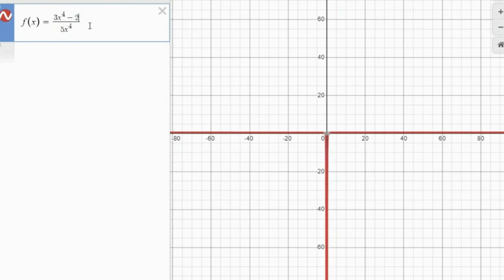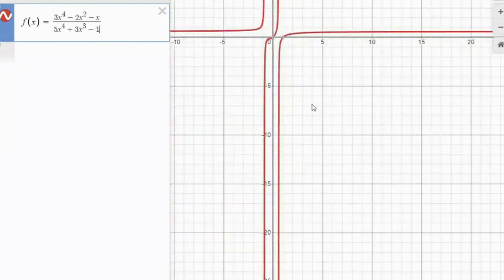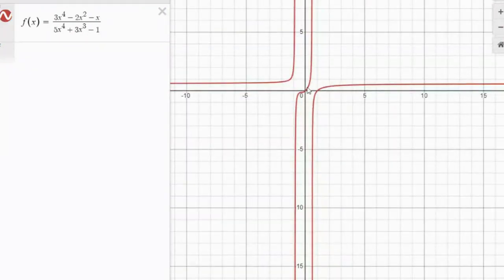Okay, minus 2x squared, and then minus x. And then the bottom was what? 5x to the fourth plus 3x to the third minus 1. Wow, it really makes a wild graph. Stuff happening everywhere. In fact, there's even a piece that just goes like a third degree through there.